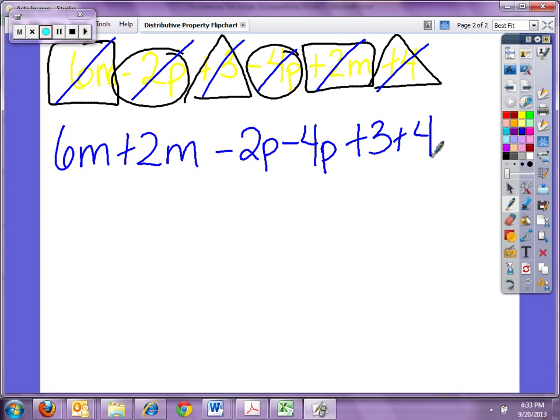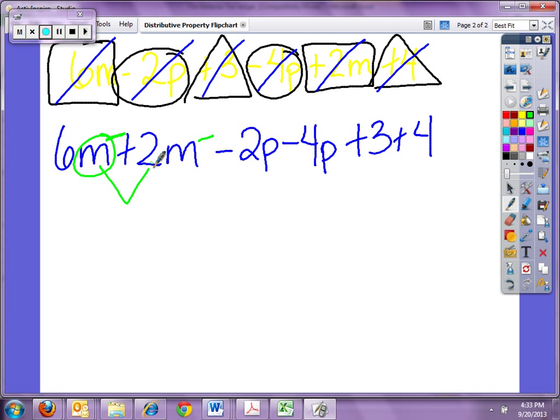Okay, so now I can simplify. So I just combine these. 6m plus 3m, because they have to have the same variable to the same power. None of these have an exponent, so the m's can go together.